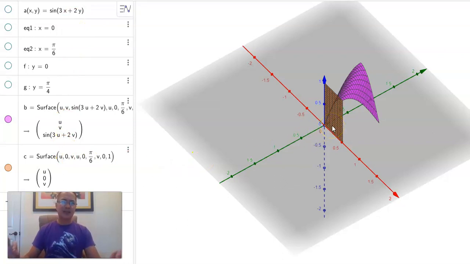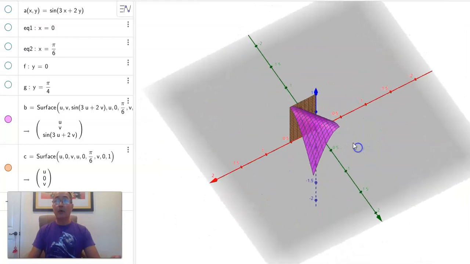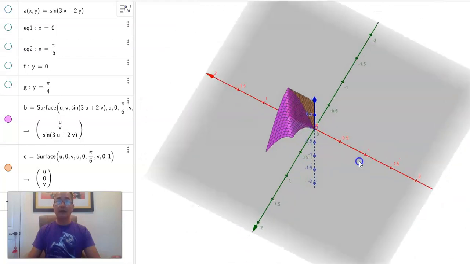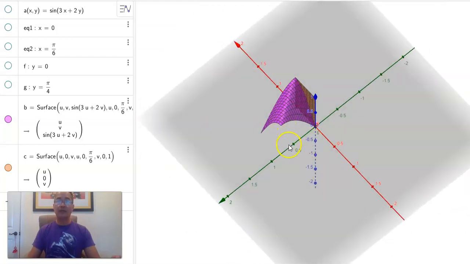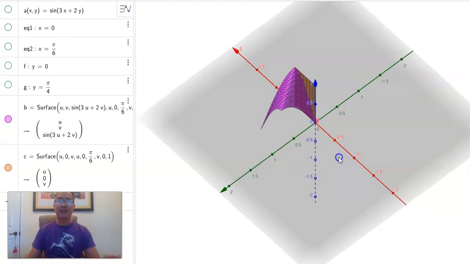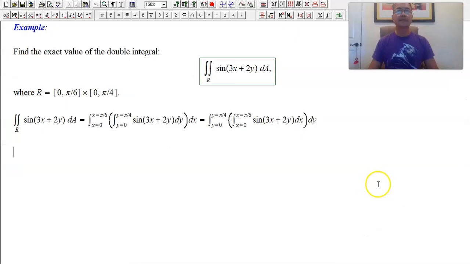It's going to say no, I can't do that. So we'll have to imagine that there are 4 other walls around this solid, and we're basically looking for the volume of that solid. So we have to pretend that this portion does not exist.